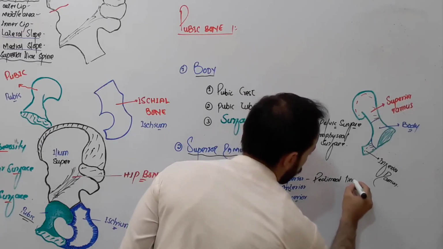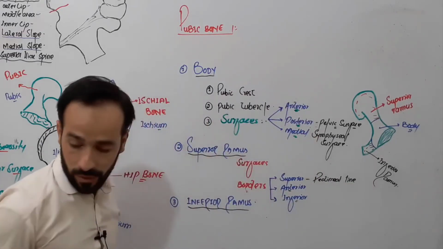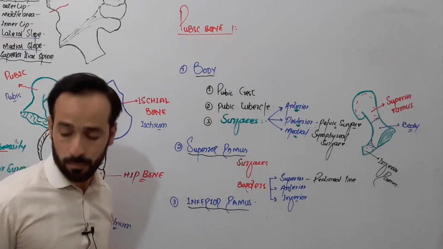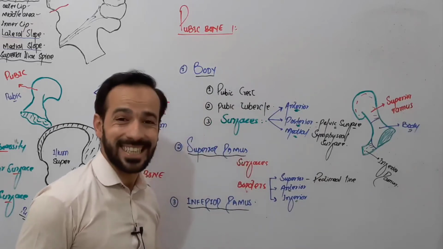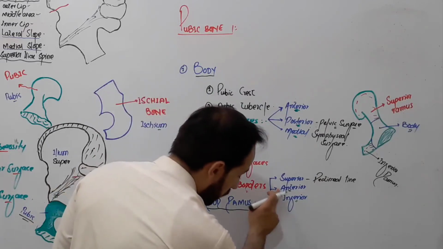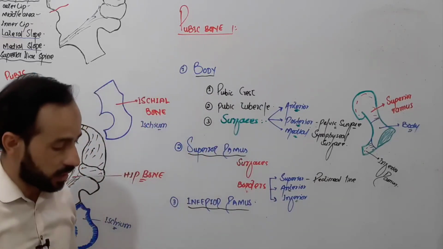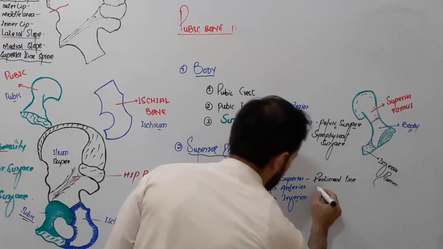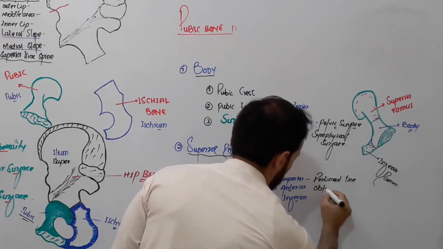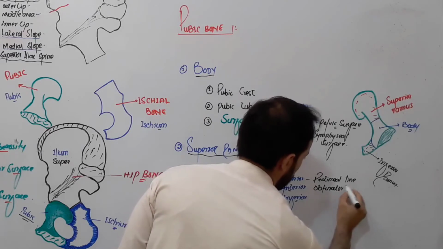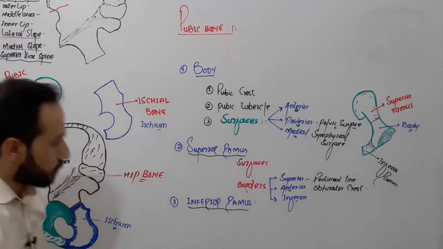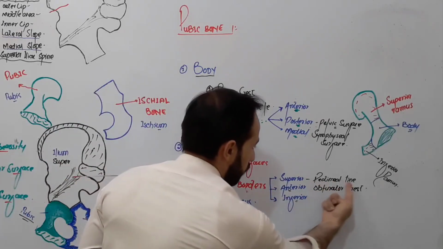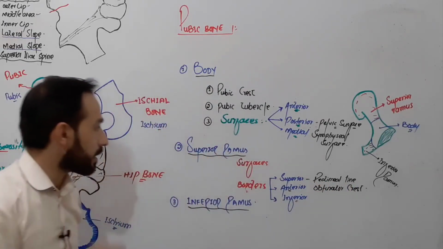I will show you in the next video when we discuss the bone. The anterior border is also known as the obturator crest. So these two borders are also named the pectineal line and the obturator crest.